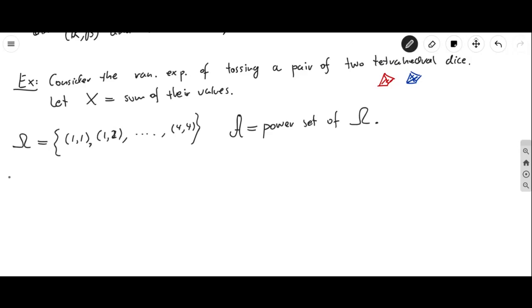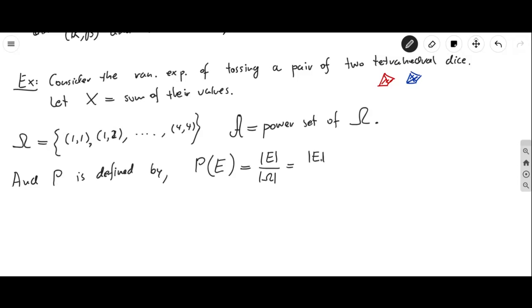And the probability measure P is defined in the reasonable way: the probability of an event is calculated by counting the event and then dividing by the size of the sample space. You count how many sample points are in the event, and you divide it by 16.